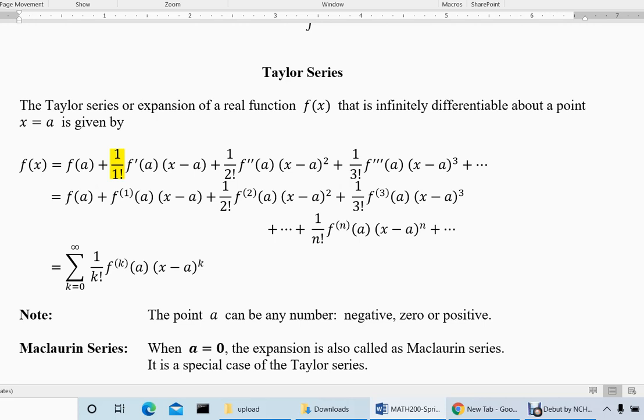When you have the second derivative, you divide by 2 factorial. When you have the third derivative, you divide by 3 factorial, evaluated at x equal to a, into x minus a whole cubed.